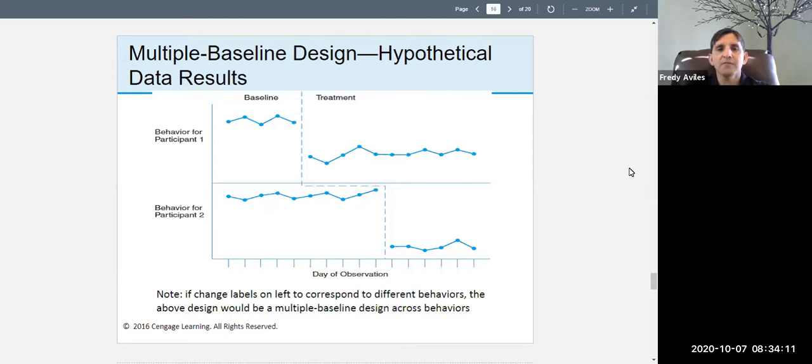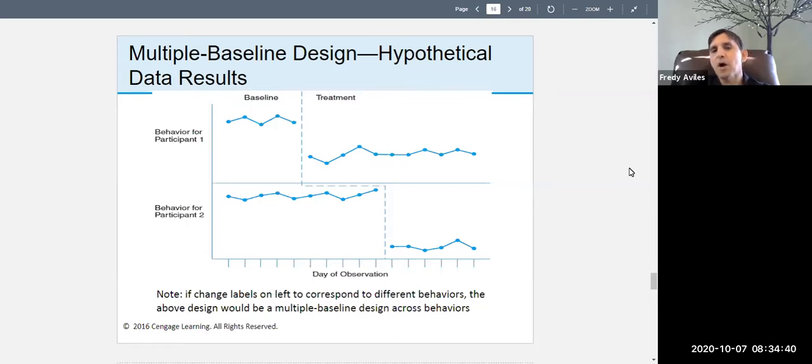And you also observe the behavior for participant 2, okay? At the same time, okay? So you're observing the disruptive behavior for participant number 2. You started observing the behavior for participant number 1, and at the same time, you started observing the behavior for participant number 2, okay? Except that the normal disruptive behavior for participant number 2, you observe for a longer period of time, okay?